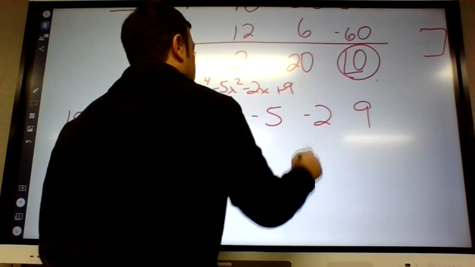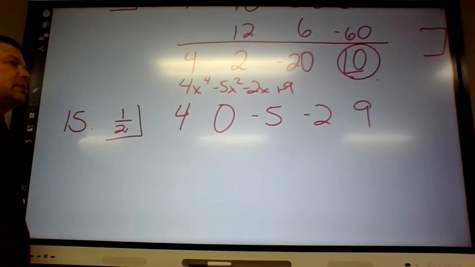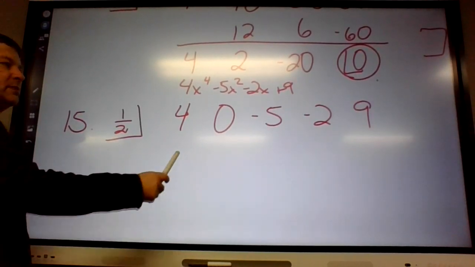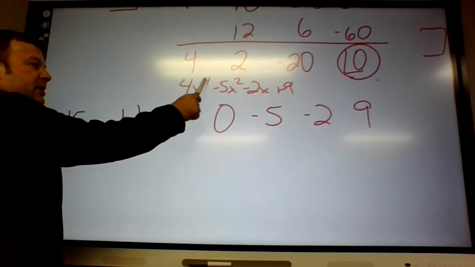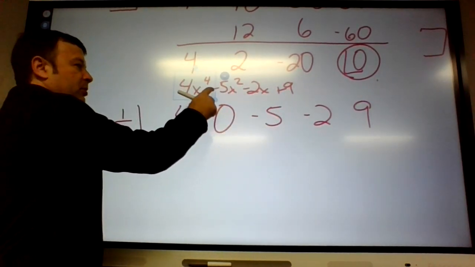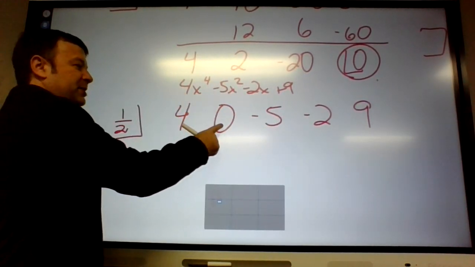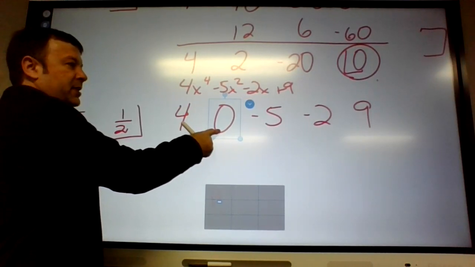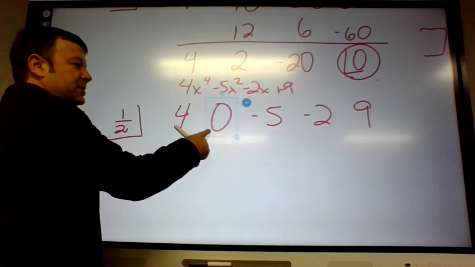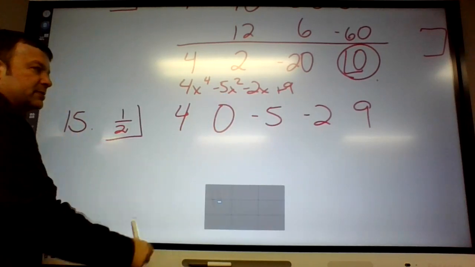There's not like an X. Okay, Jaden saw it. There's no x cubed term. So see how it goes 4, blank, 2, 1, nothing. So we're missing an x cubed term, and you need a placeholder for that, or else it won't work. So because there's no x cubed term, I put a 0 right there.